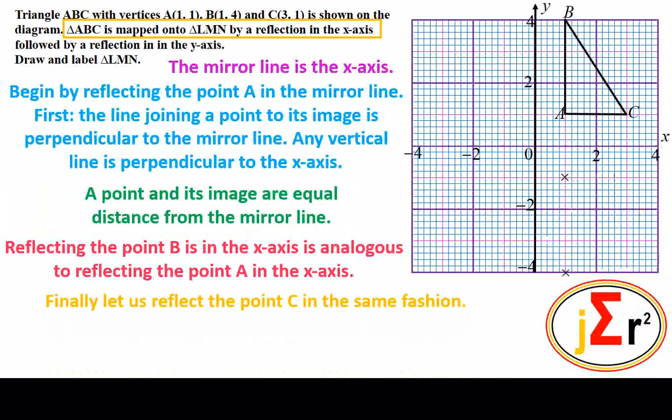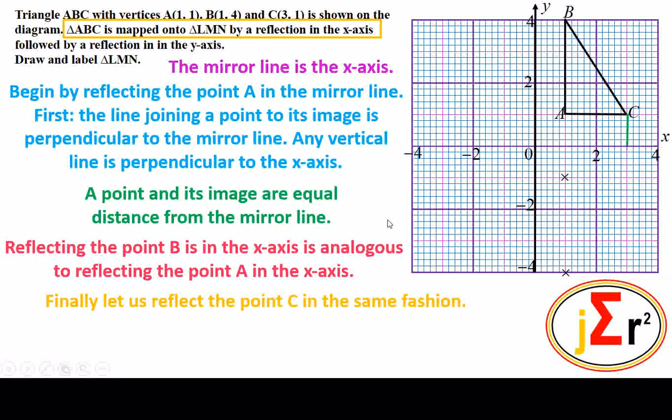What do we do next? Finally, let us reflect the point C in the same fashion. So the line joining C to its image must be perpendicular to the mirror line, which is not difficult because all vertical lines are perpendicular to the horizontal x-axis.